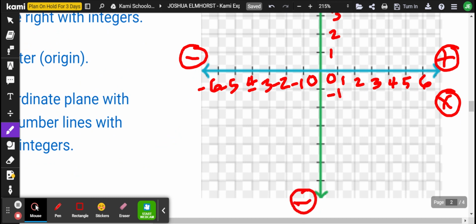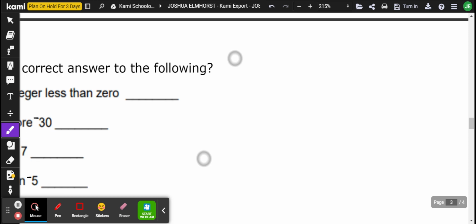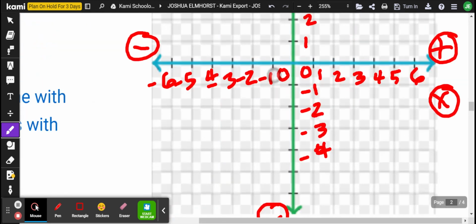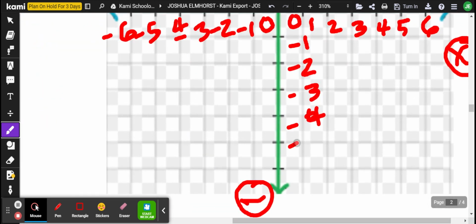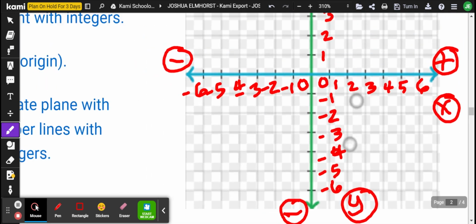We got -1, -2, -3, -4, -5 and -6. So this creates our coordinate plane, and this second number line, we're going to call that our y number line, or the y-axis.